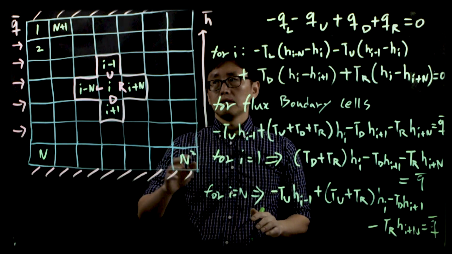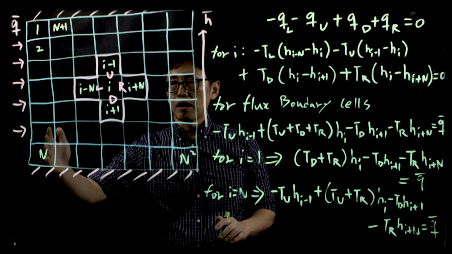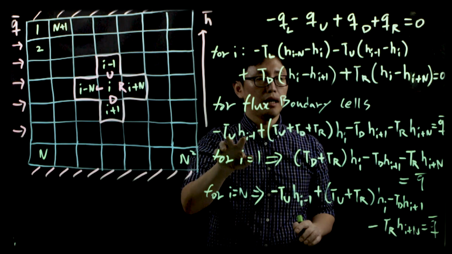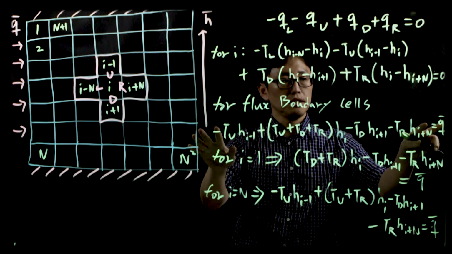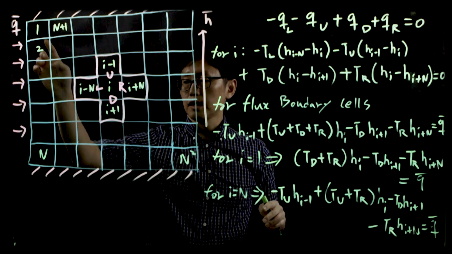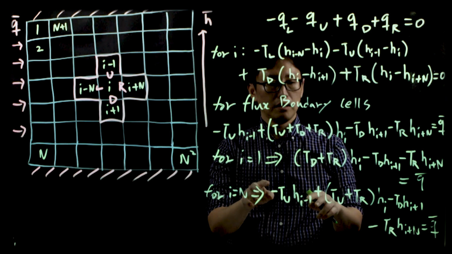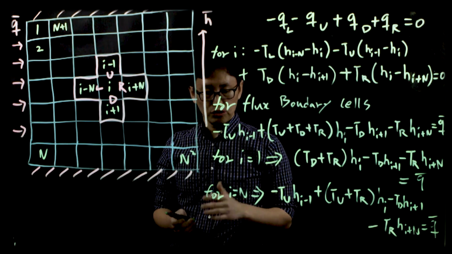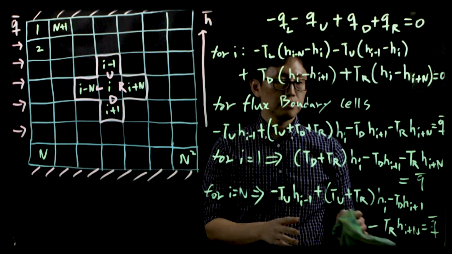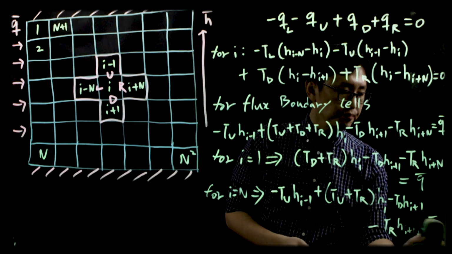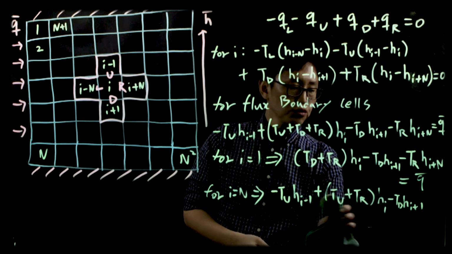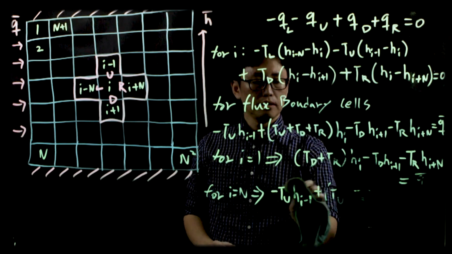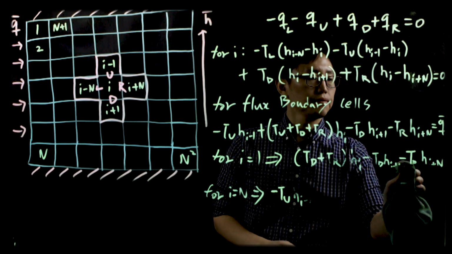So for these boundary cells we have this equation, but for the first and the last cell, we have this equation and this equation. And all of these should be implemented in the matrix multiplication format.